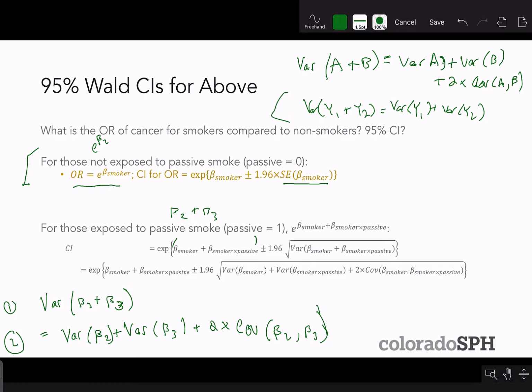This second rule is only true when y1 and y2 are independent. In our case, we cannot assume that the coefficients beta 2 and beta 3 are independent, so we have to include this covariance term. Then you get this big complicated term for the standard error of beta smoker and beta smoker times passive, which is given here.